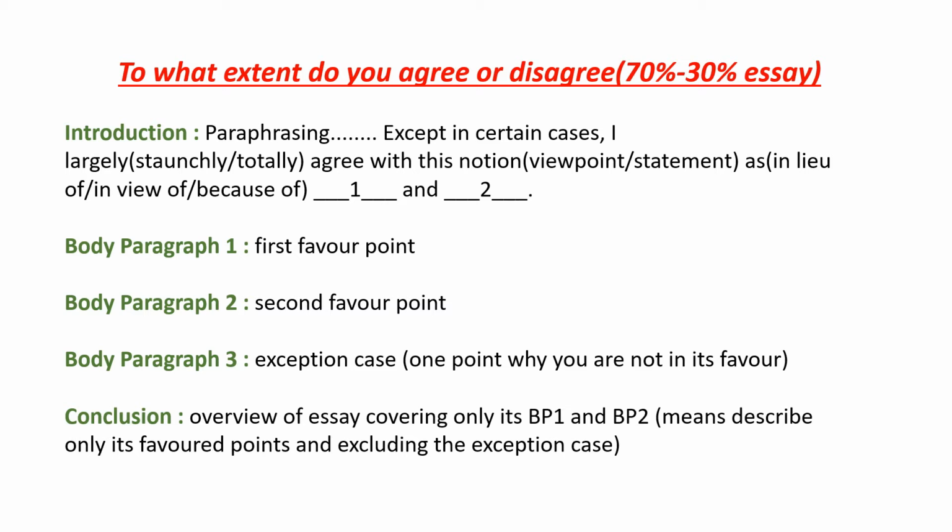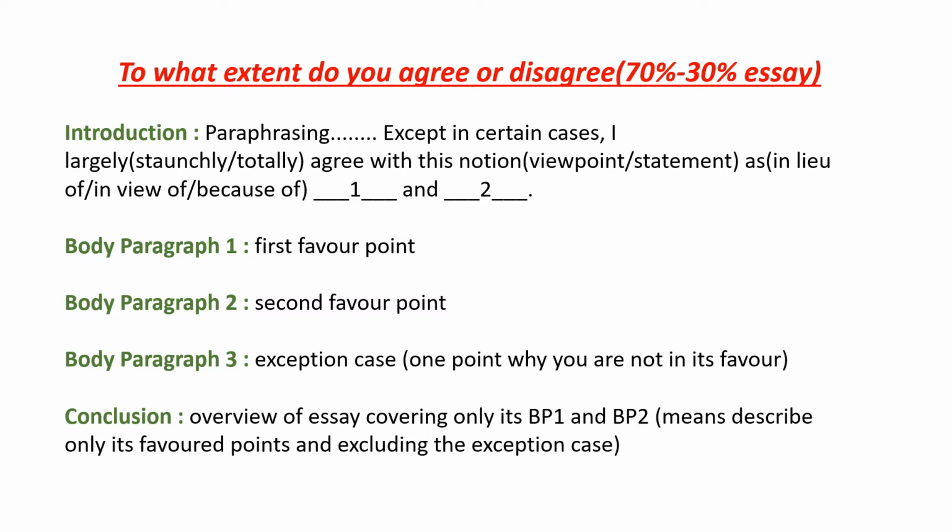For its introduction, first of all paraphrase the question line and after that add the thesis line, that is, except in certain cases I largely agree with this notion as dash and dash. Remember guys, 1 and 2 are the overview of your 70% viewpoint. You will not give any hint to the examiner about your 30% viewpoint.